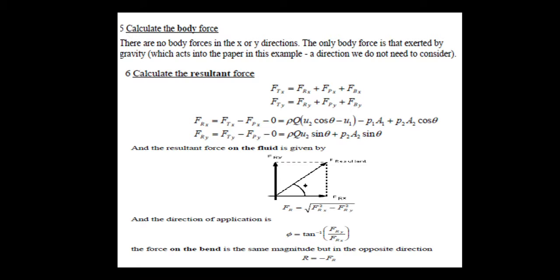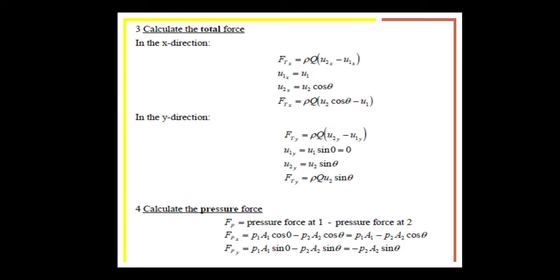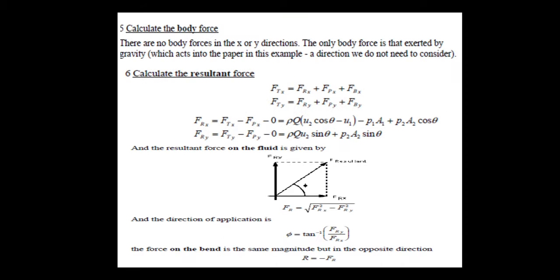Now substituting these values from the third and fourth steps, F of Rx is equal to rho Q (u2 cos theta minus u1) minus (P1 A1 minus P2 A2 cos theta). Therefore F of Ry is equal to F ty minus F py minus 0, which is equal to rho Q u2 sin theta plus P2 A2 sin theta.